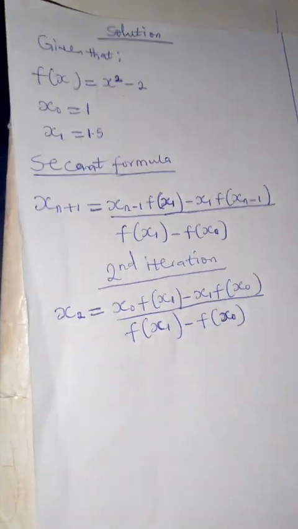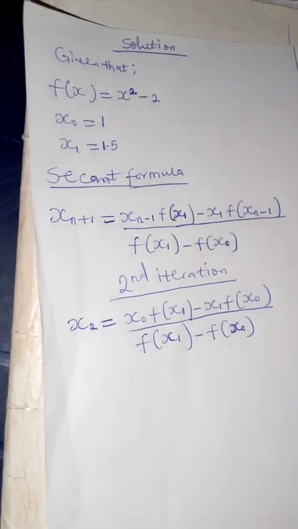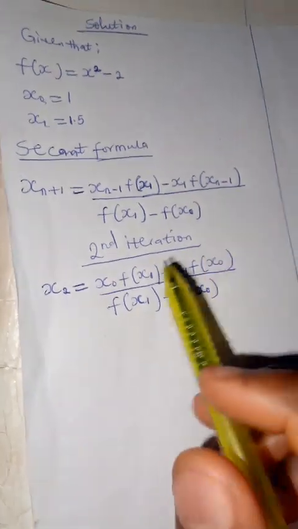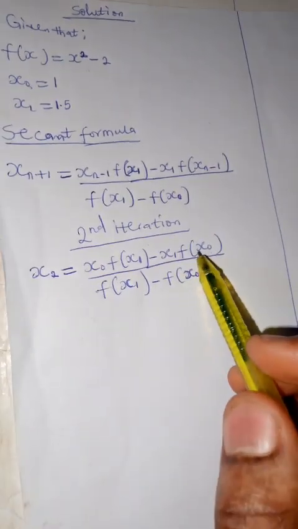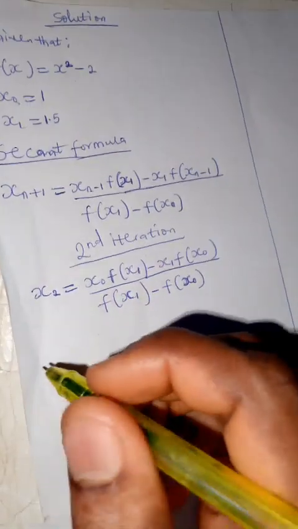This will be the formula we're going to use for the second iteration. Now, if we look at our parameters, we have x0, we have x1. We don't have f of x1 or f of x0. To get them is very easy.